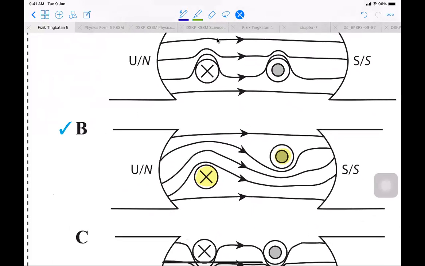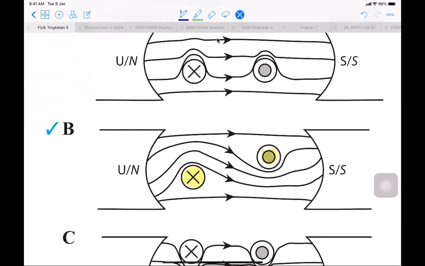For diagram B, you can also check by using your Fleming's left hand rule to determine the direction of the force. So the X on the left hand side, your middle finger is pointing in because current is in. Your index finger is pointing to the right.